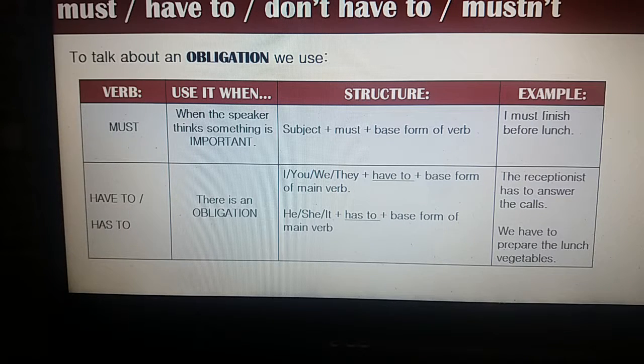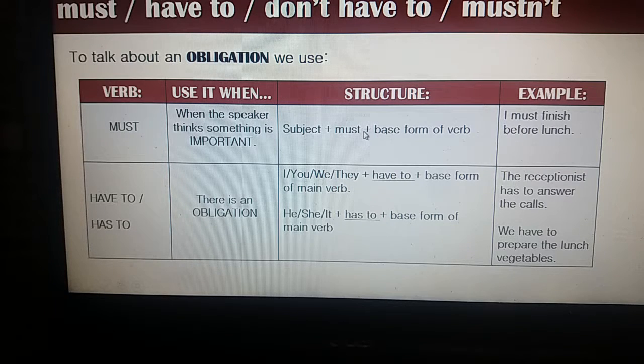All right. And here, the structure is very simple because when we use must, we can use any subject. That means that I am going to use must with I, you, he, she, it, we, and they. All subjects use must. That means that if you write, for example, Fernando musts with an S at the end, that will be wrong.